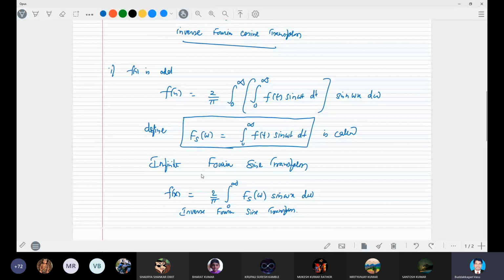That's all. So both the Fourier transform and inverse Fourier transform are associated with the integral representation, right? Understand?